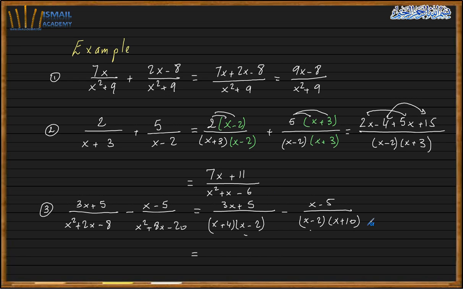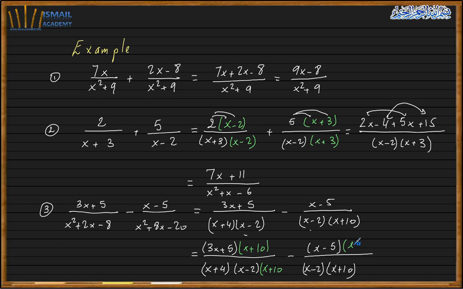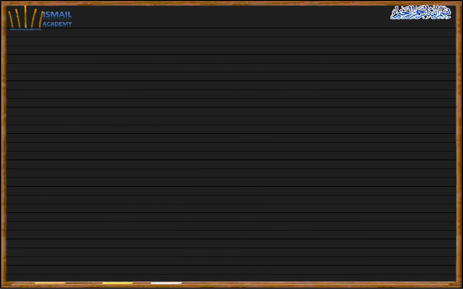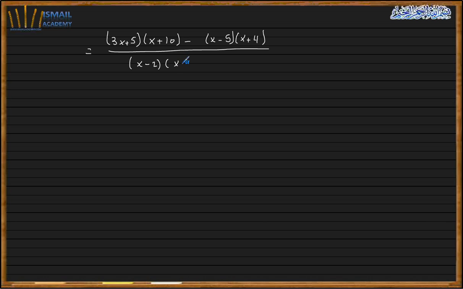Then I multiply by the missing factors. Write everything under the same denominator, so we end up having 3x plus 5 times x plus 10, minus x minus 5 times x plus 4, under the same denominator, which is x minus 2 times x plus 4 times x plus 10.